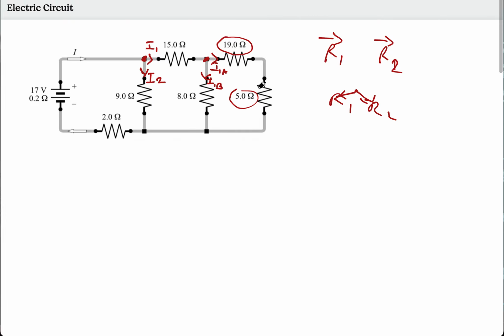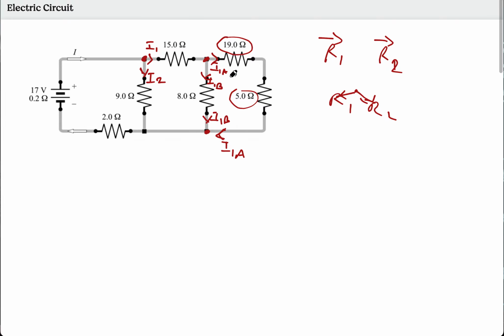Now, in this situation, we are not done with the entire analysis of the circuit. What happens here is that I1A travels through the 19 ohm resistor, then it goes into the 5 ohm resistor, and just before this new junction, we still have I1A. And I1B goes through this 8 ohm resistor, and just before the junction, we still have I1B in that place. What happens to them is that these two will meet at this next junction.